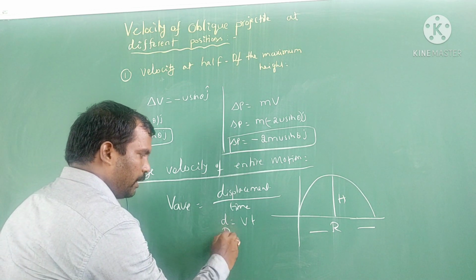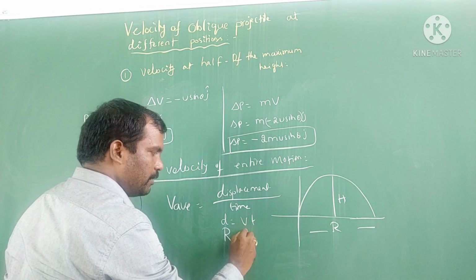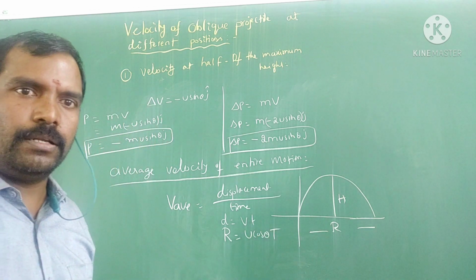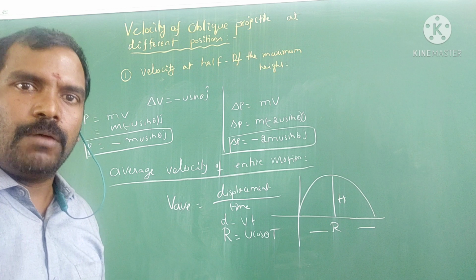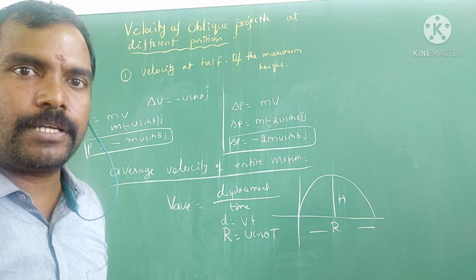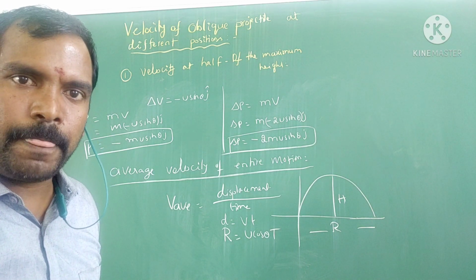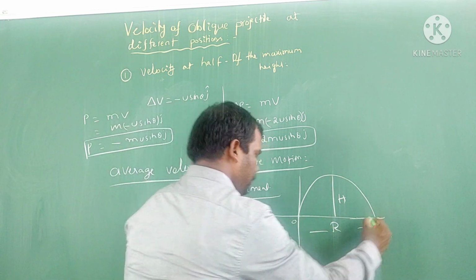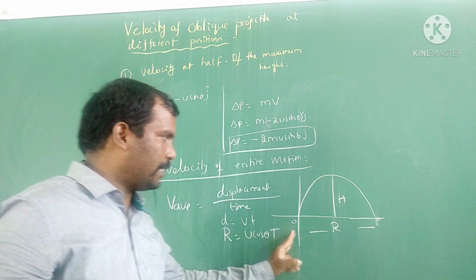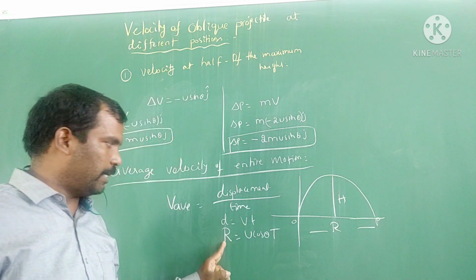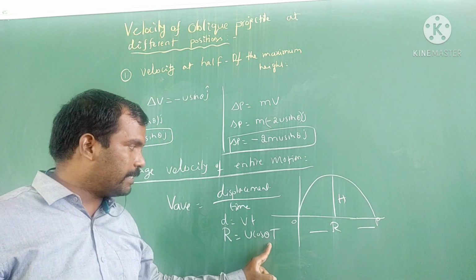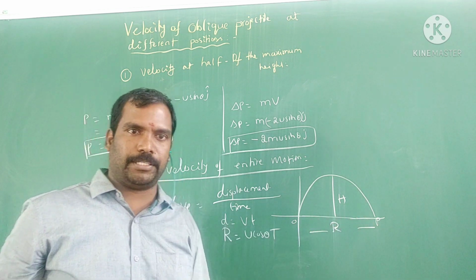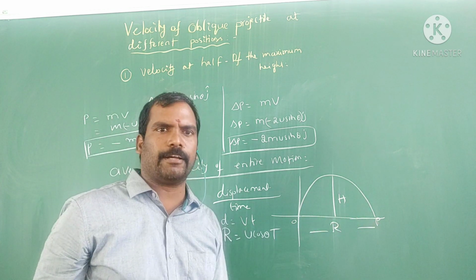The range, from here to here, is equal to u cos theta into total time. The time for which the body remains in the air is called the time of flight. The time of flight from O to P is capital T. The horizontal distance from here to here, the range, is equal to horizontal velocity into time. The range here is the displacement from the point of projection to the point of landing.